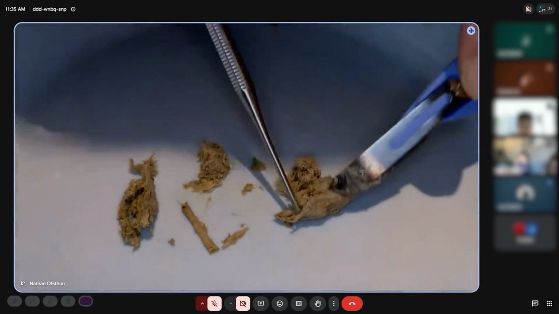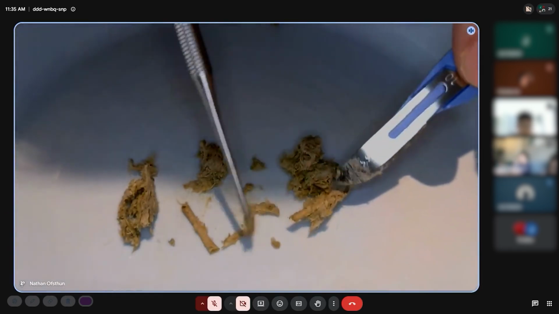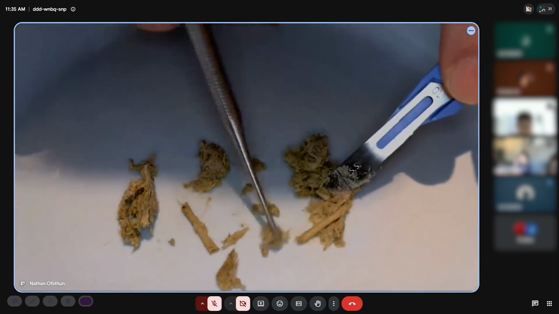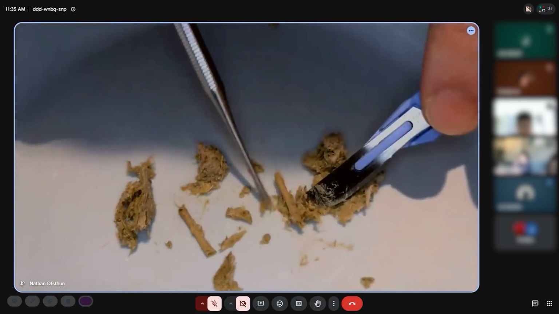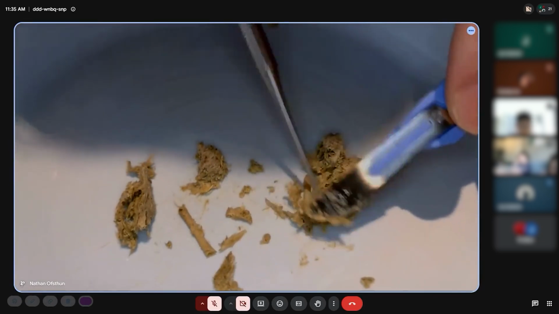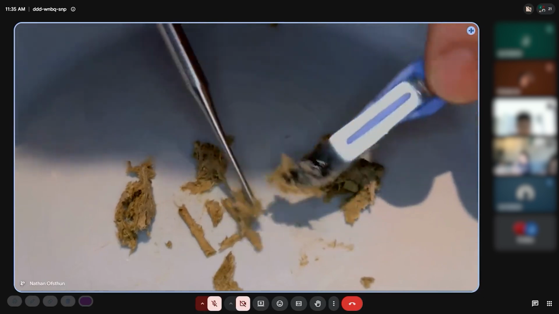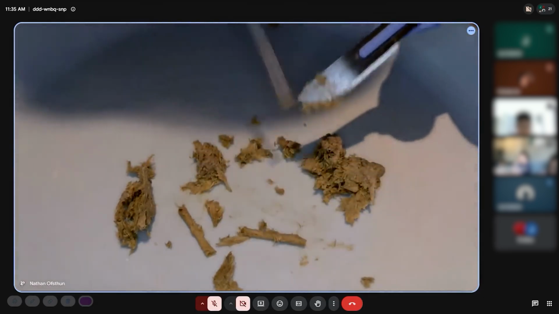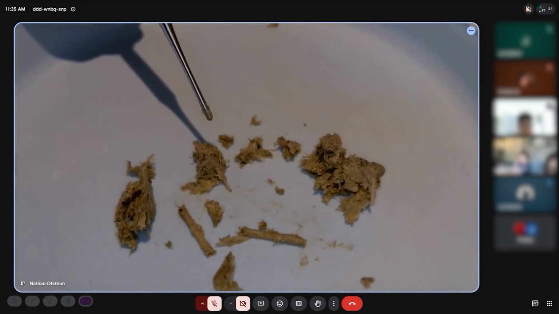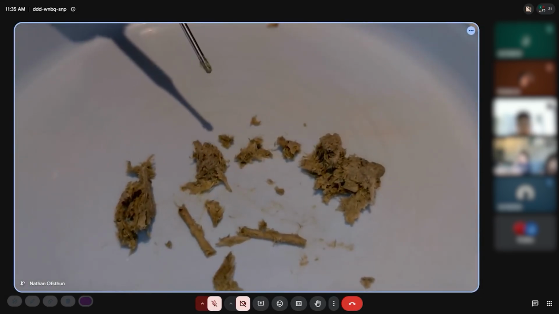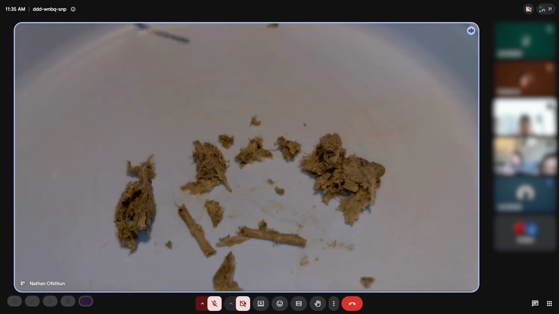I'm going to pull this apart a little bit as well because I see another bone right here. This looks like another very long leg bone. So lots of leg bones. But you might also be observing all this stuffing-colored stuff, this yellowish stuff. I don't know if you can see it so easily, but it's almost stringy.